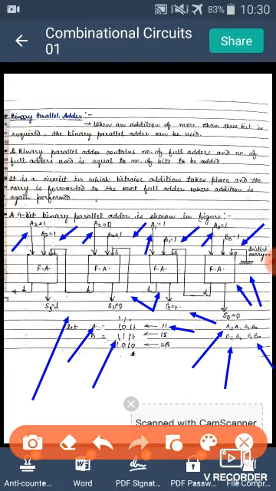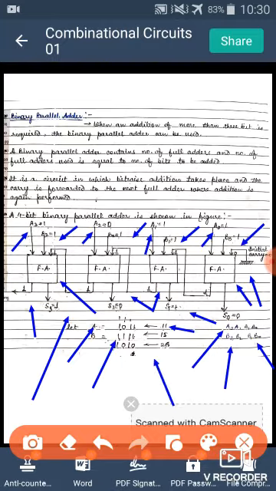And the output of this full adder is S2 and the carry again goes to the next full adder circuit. In this way the sum S3 is generated and the carry of this full adder is forwarded again. In this way we are doing simple mathematics.